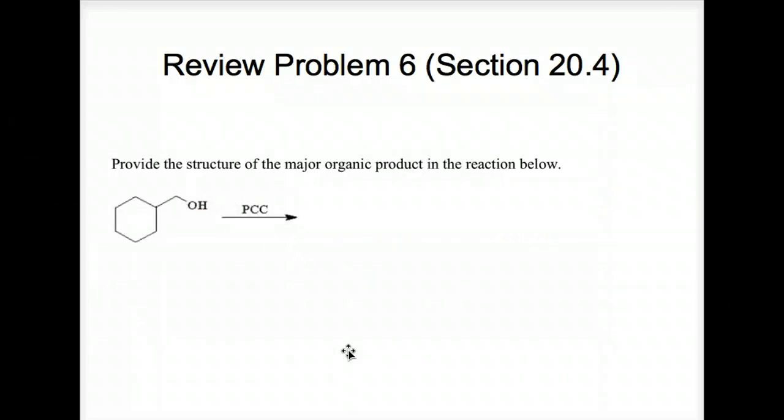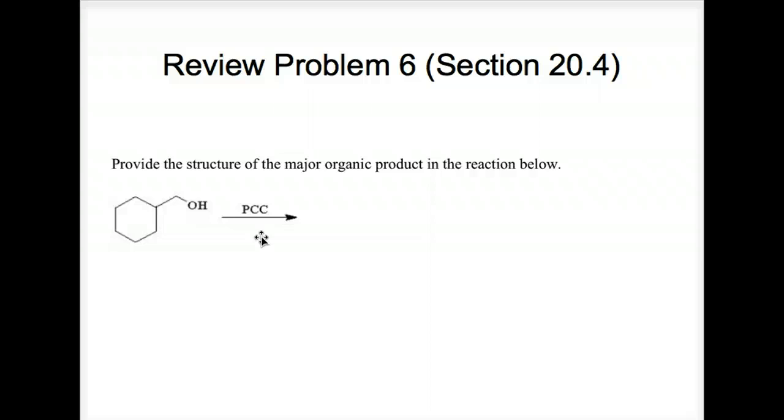Okay, practice problem 6. Provide the structure of the major organic product in the reaction below. So we have a primary alcohol, PCC, pyridinium chlorochromate. It's a chromic anhydride, and an equivalent of HCl dissolved in pyridine will form PCC.